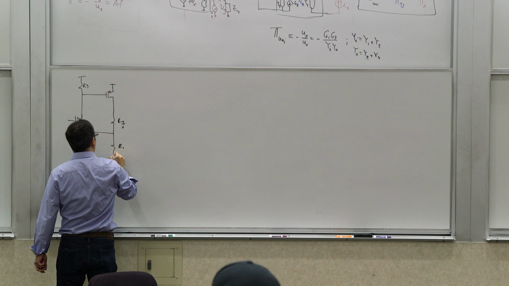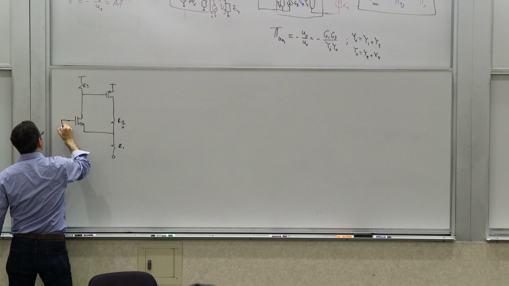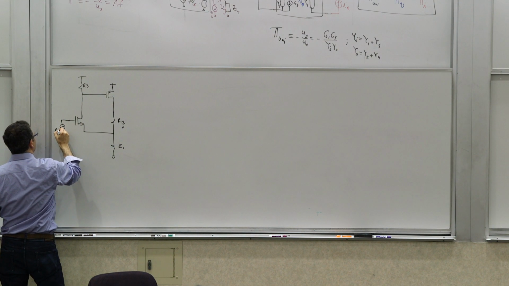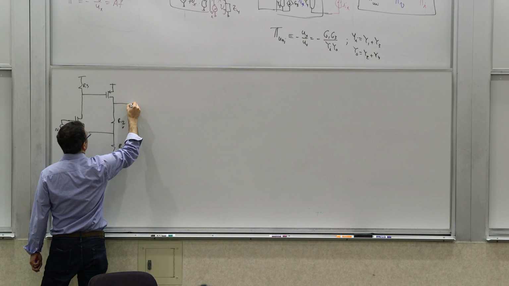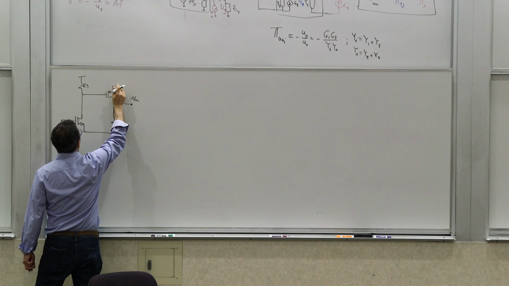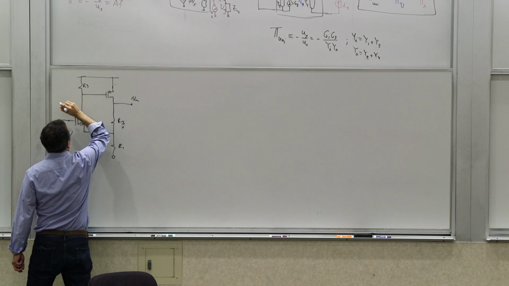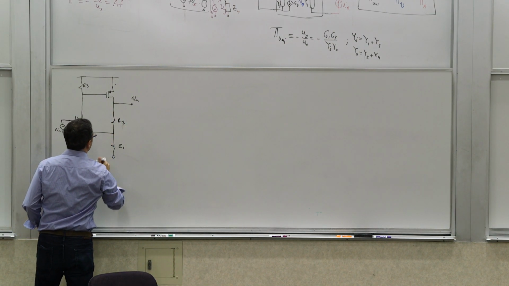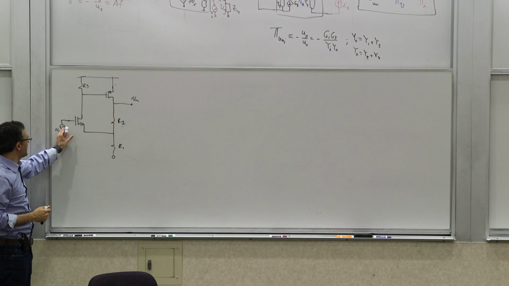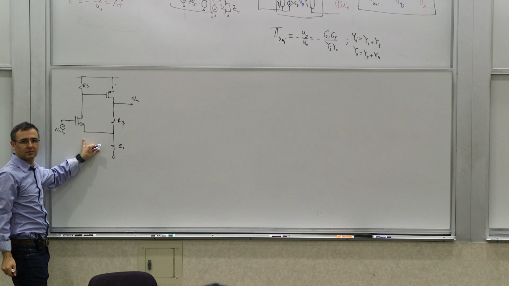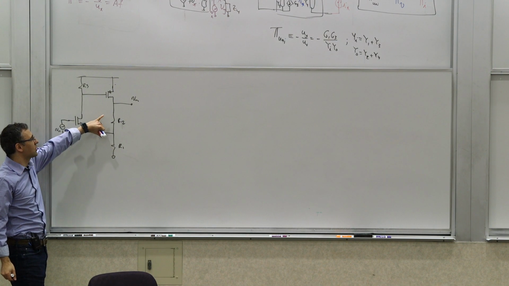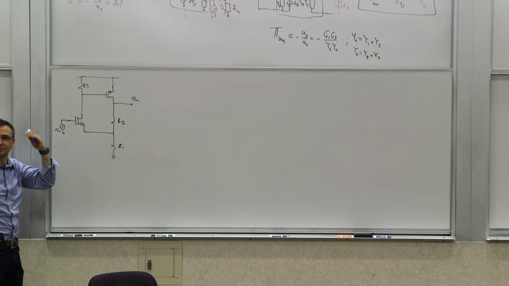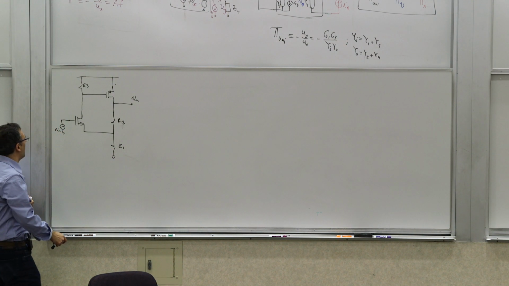R2, R1 to ground. This is your input voltage, V in. This is your output, V out. So this is a circuit we've seen before, right? This is series in the input, if you want to think about it, and shunt in the output. It's a voltage amplifier in that terminology. But OK.